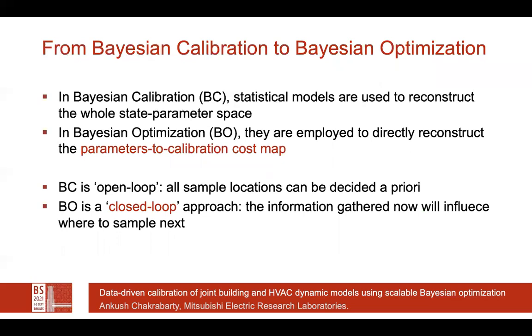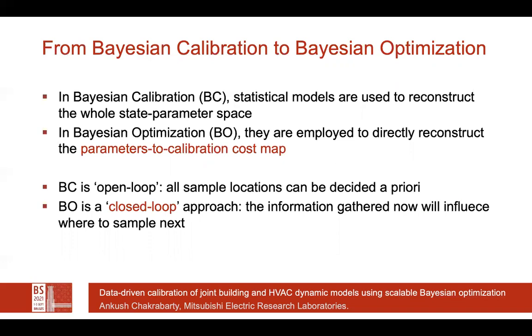In particular, Bayesian calibration builds or generates statistical models of the dynamics of the system, or meta models of the dynamics across the whole state parameter space. And by doing so, they have not only a model of how the parameter changes the system dynamics, but they can also predict the state itself.